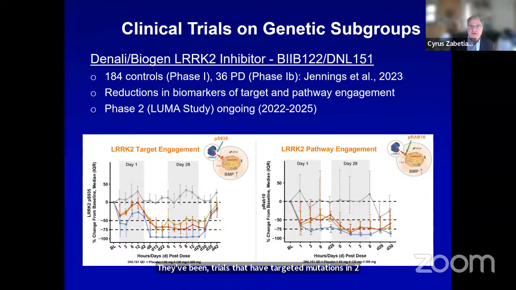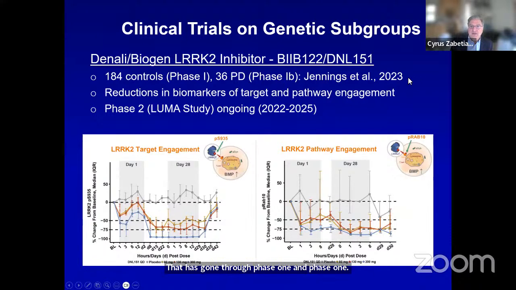One is LRRK2 G2019S, and the idea with these mutations is that the kinase activity of LRRK2 is overactive, so a number of companies have been working on LRRK2 inhibitors. This is a compound by Denali, and Biogen has now joined them, that has gone through phase 1 and phase 1b trials.